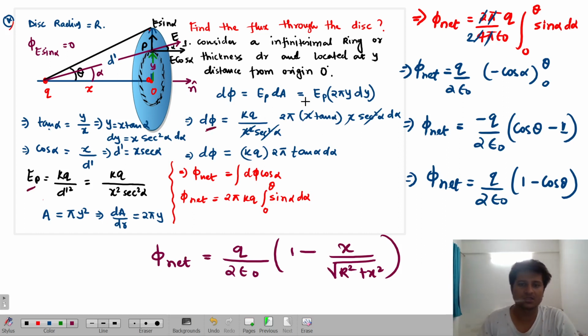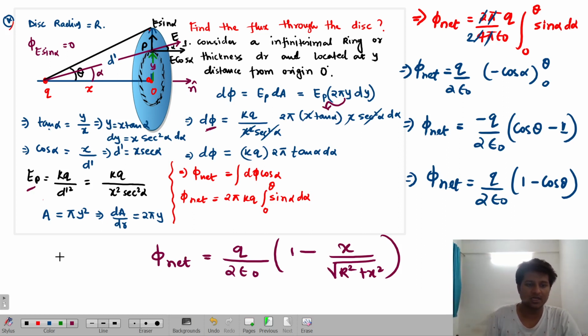So simple. See, simple. d phi is E dot dA. dA is what? 2 pi r into dr, which is 2 pi y into dy, isn't it? So I just replaced the y value over here, that is x tan alpha, and then the dy. I need to differentiate dy because y is also varying with respect to alpha.